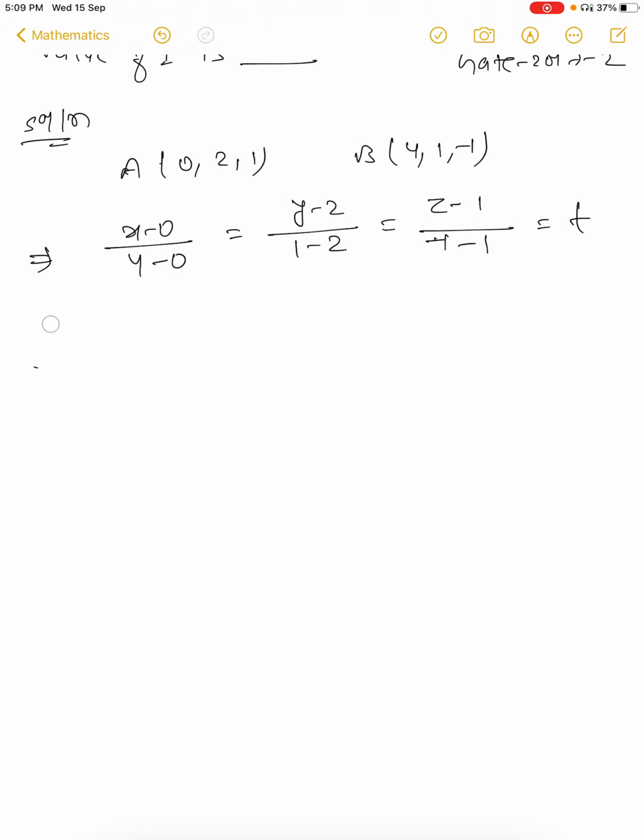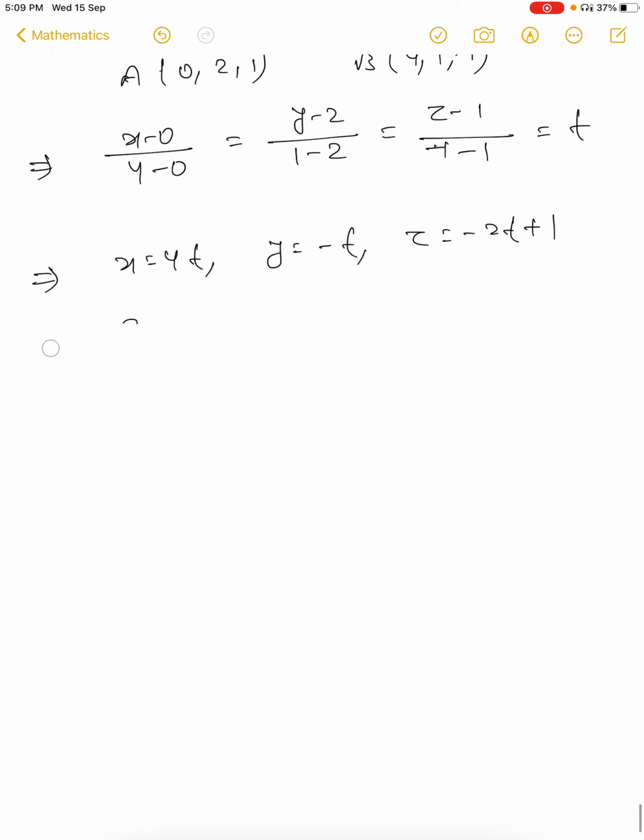Okay, so what will happen? x is equal to 4t, y is equal to 2 minus t, and z is equal to minus 2t plus 1. So dx is equal to 4 dt, dy is equal to minus dt, dz is equal to minus 2 dt.